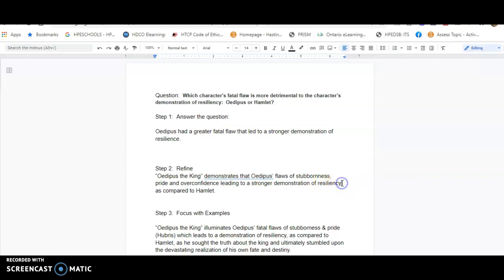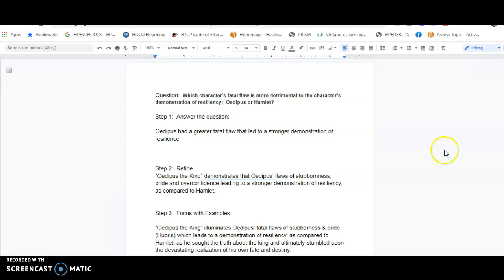Here's the key part: we need to make sure that we're including the comparative, that we are not just writing about Oedipus. We are demonstrating how Oedipus, his fatal flaws, demonstrates greater resiliency in himself as compared to Hamlet. So we need to make sure in our thesis statement that we include that.